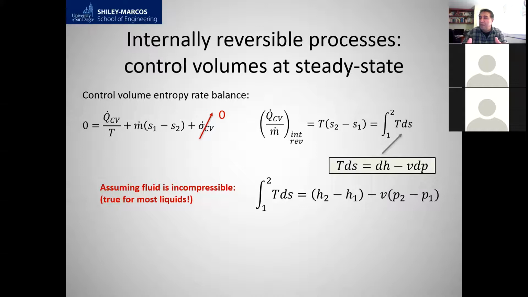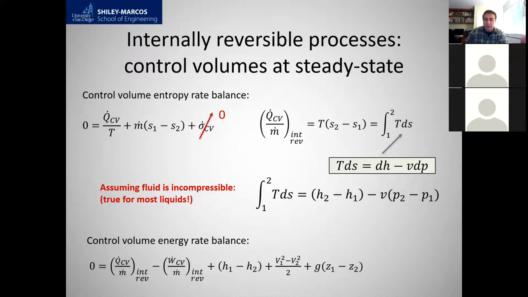If we have m dot equals rho 1 v1, the velocity and density on the left side, equals m dot equals rho 2 v2, and if it's an incompressible fluid, then rho 1 equals rho 2 equals rho.